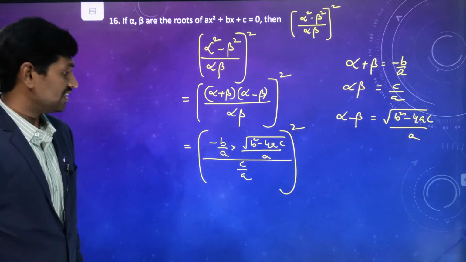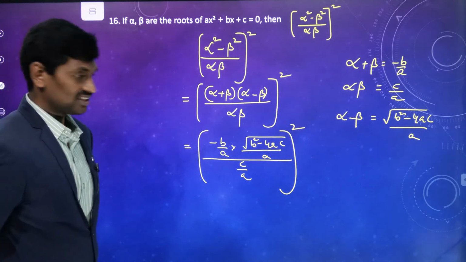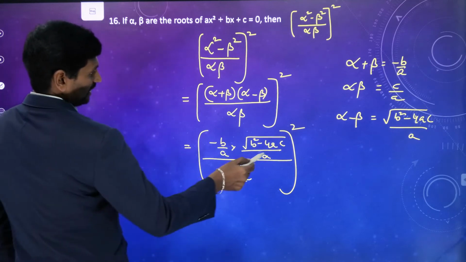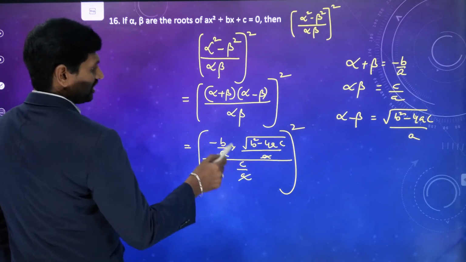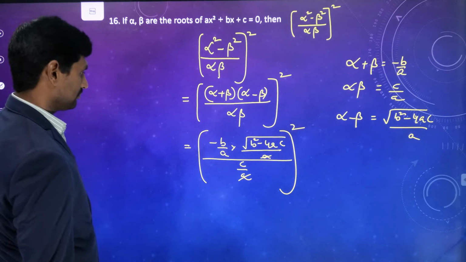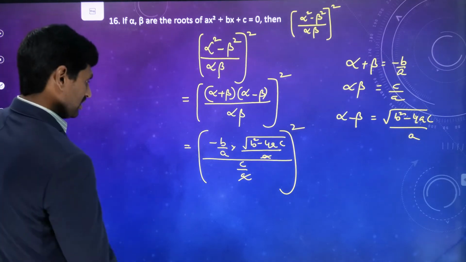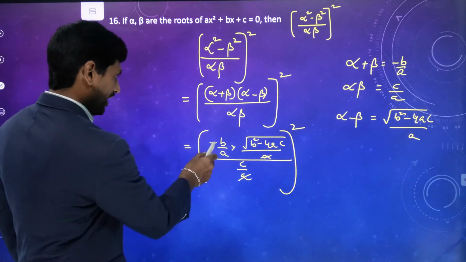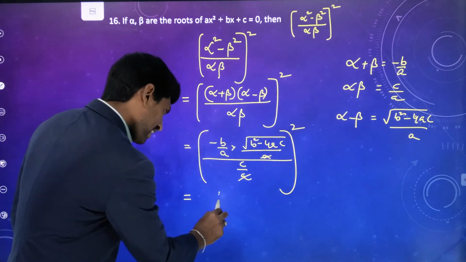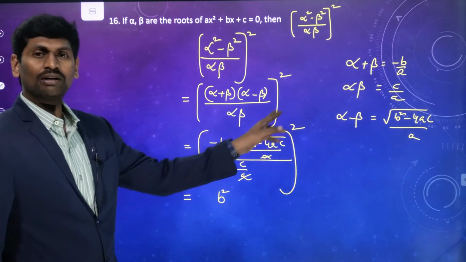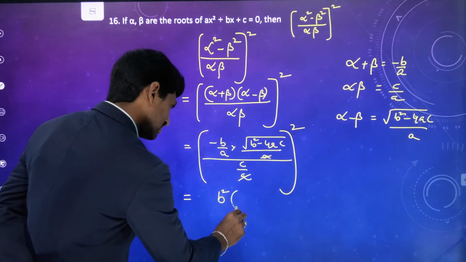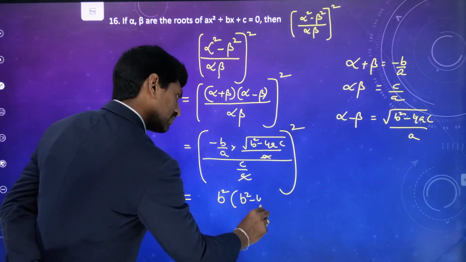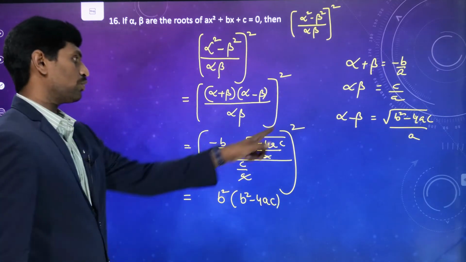Any cancellations here? Any cancellations? Yes. Here denominator a, here denominator a will be cancelled. Okay na? Now apply the square for the numerators. Minus b whole square becomes b square, and root over b square minus 4ac becomes only b square minus 4ac, because square root cancel.